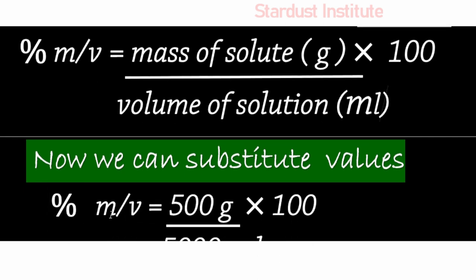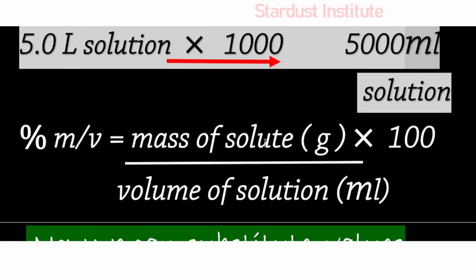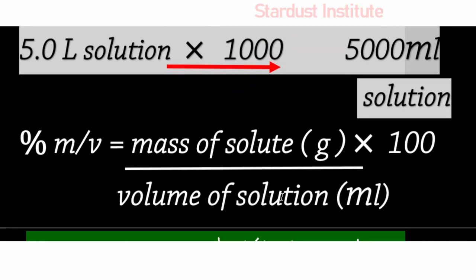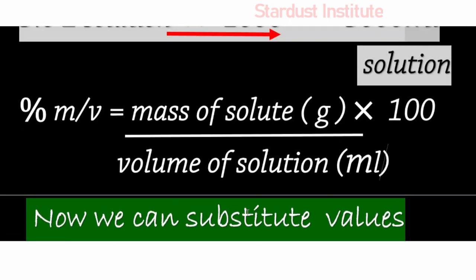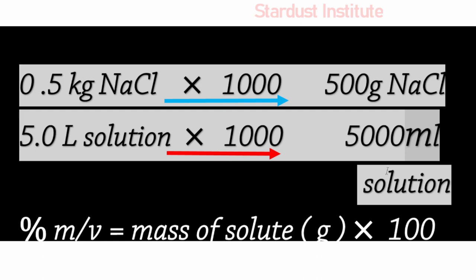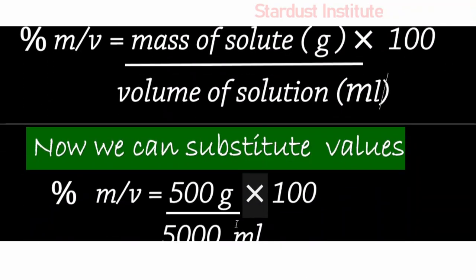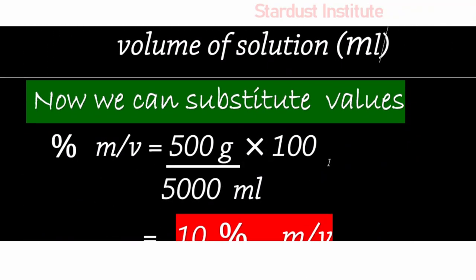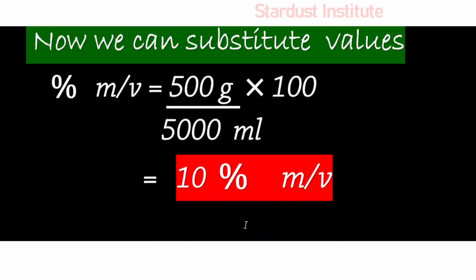Percentage mass by volume equals mass of solute 500 grams and volume of solution 5000 milliliters. Then 500 grams divided by 5000 milliliters multiplied by 100. Then we get our answer: 10 percent.